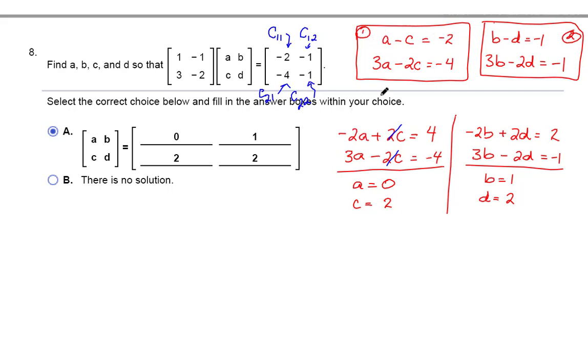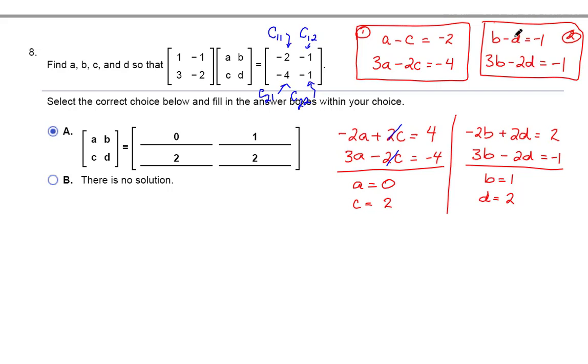So a minus 2 times a minus makes this a plus. Minus times a minus makes that a plus. Add them up. All right, I get here 3A minus 2A is A. 4 minus 4 is 0. So A is 0, that gives me minus C is minus 2. Therefore, C is 2.